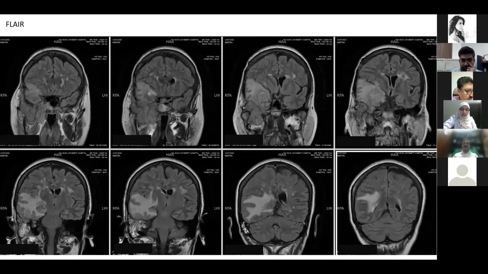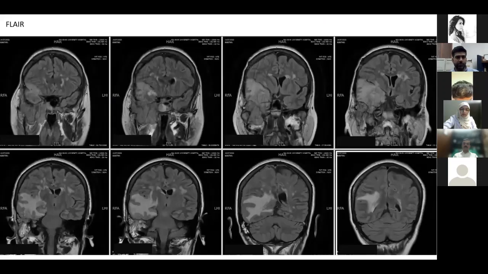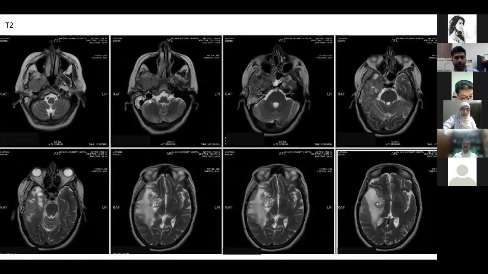But if the recurrence is at a site distant from the previous radiation site, then obviously radiation therapy can be considered safely because the area is not exposed. But if the area is already exposed, and particularly the critical structures that have already received radiation therapy, then definitely it is a challenge, or it needs to be looked at further.